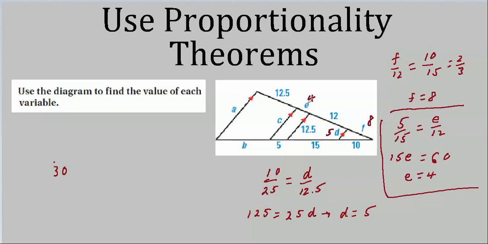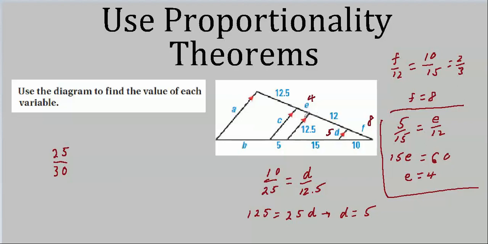And of course, 5 is not okay. We need to use this part here as our length. So it should be 25 over 30. That's the ratio of this side over the whole thing.